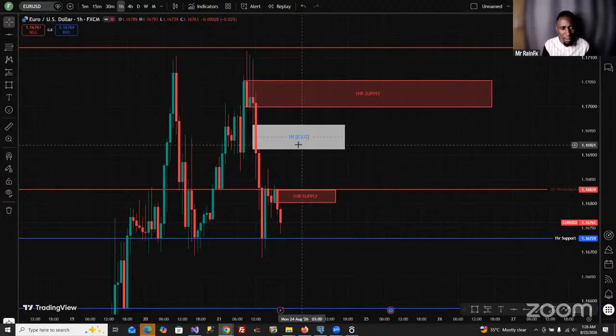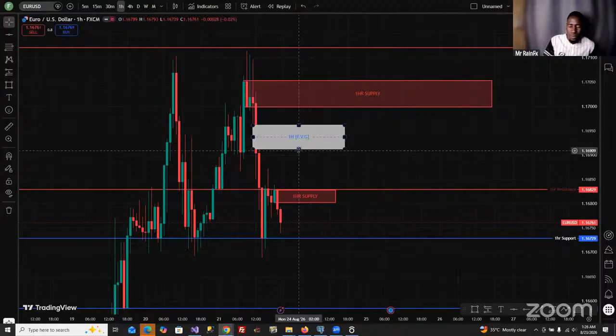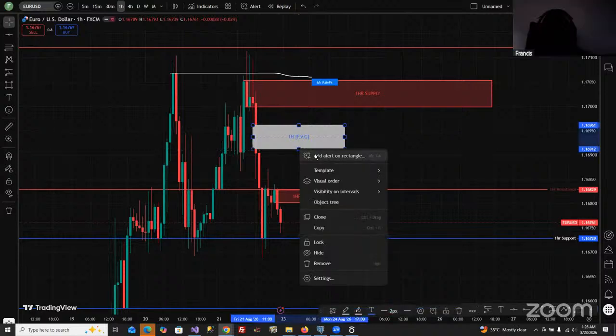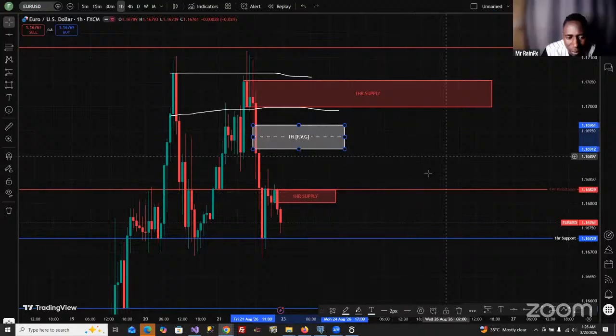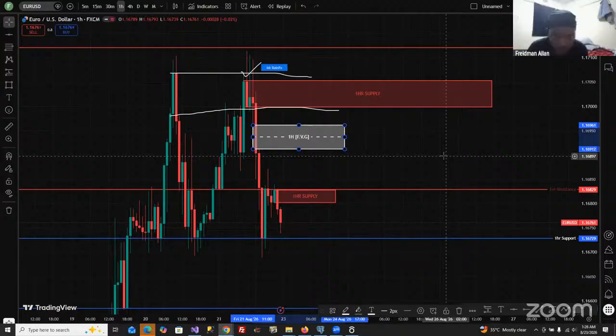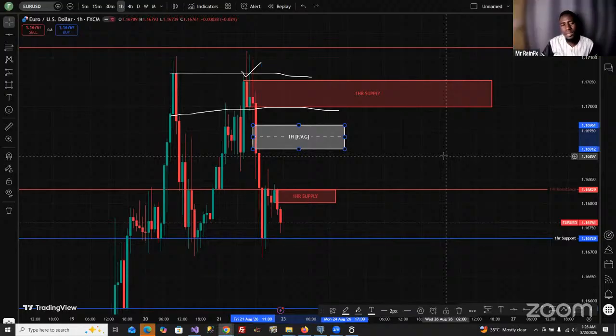So up here, this was the original supply zone. But this supply zone, did you see how it played out? It managed to hold price, right?